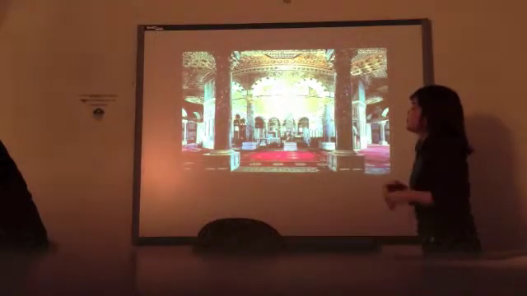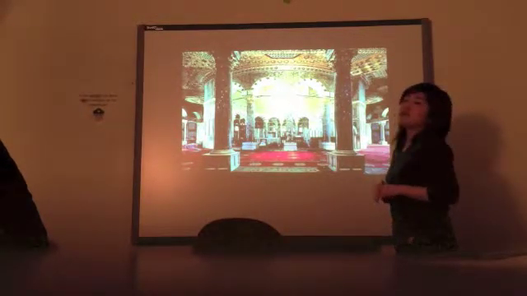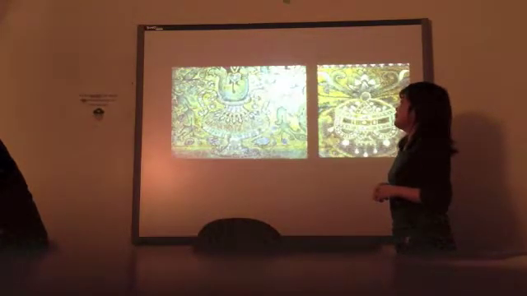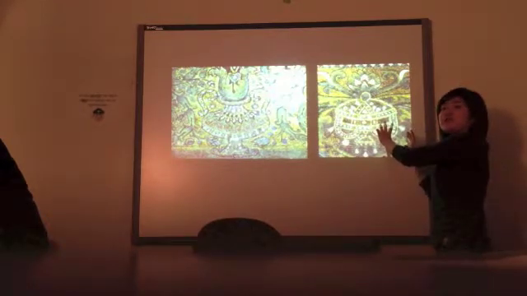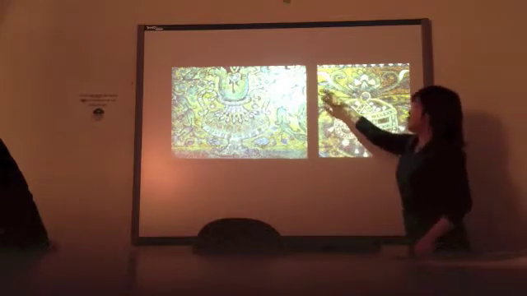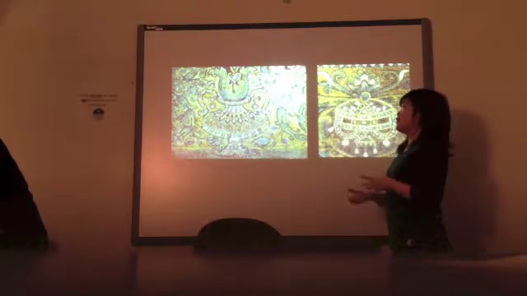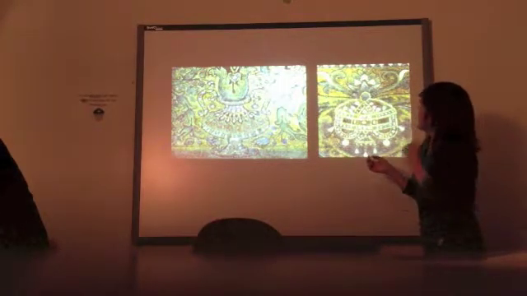This shows all the mosaics and the decorations on the inside. Next one. I wanted to talk about the specific parts of the mosaics. As you can see, they're all kind of plant shapes and natural organic shapes, and sometimes they have geometric shapes too.